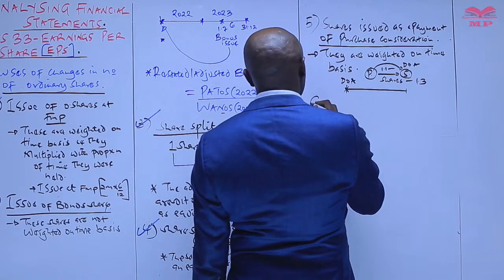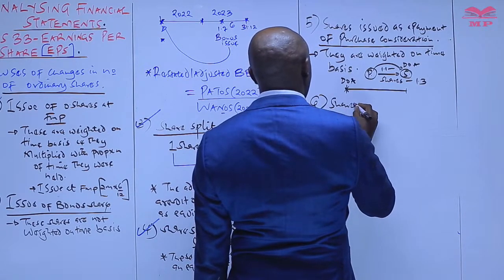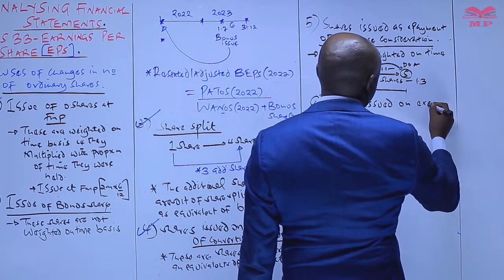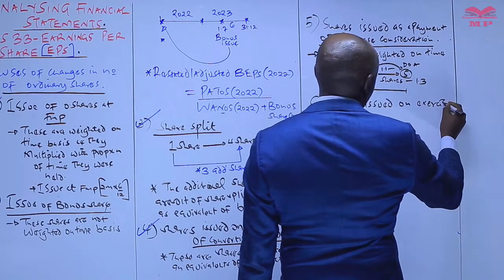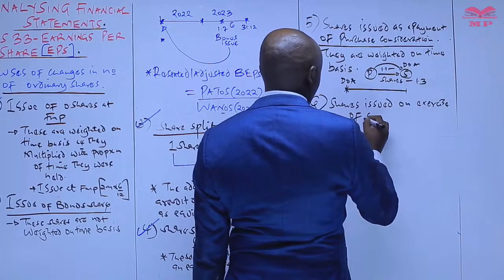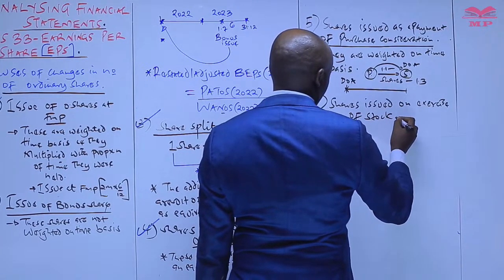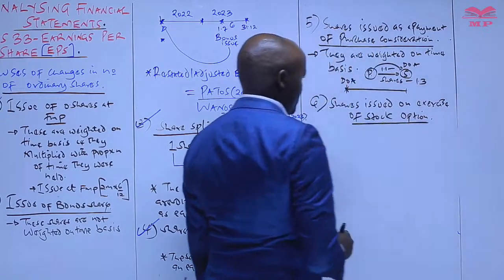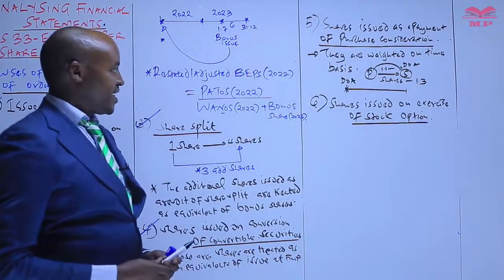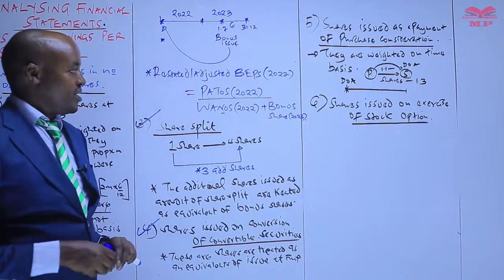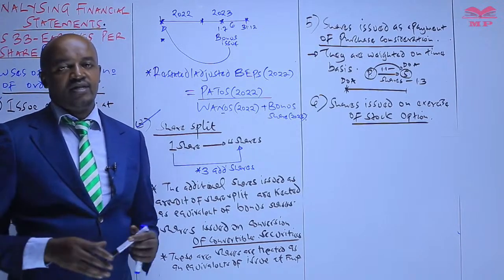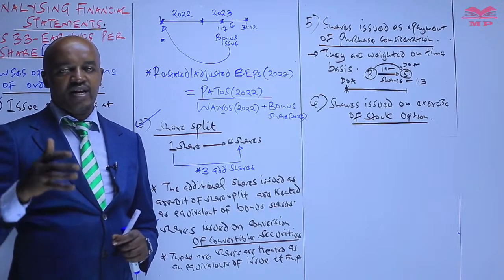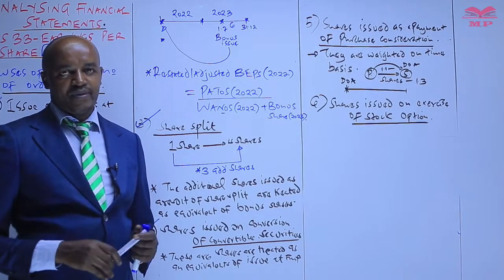Then number 6, we have shares issued on exercise of a stock option. So first of all, what is a stock option? A stock option is basically a privilege, or in other terms a right, given to the employees of the company to buy the company shares in future at a price below the market price.